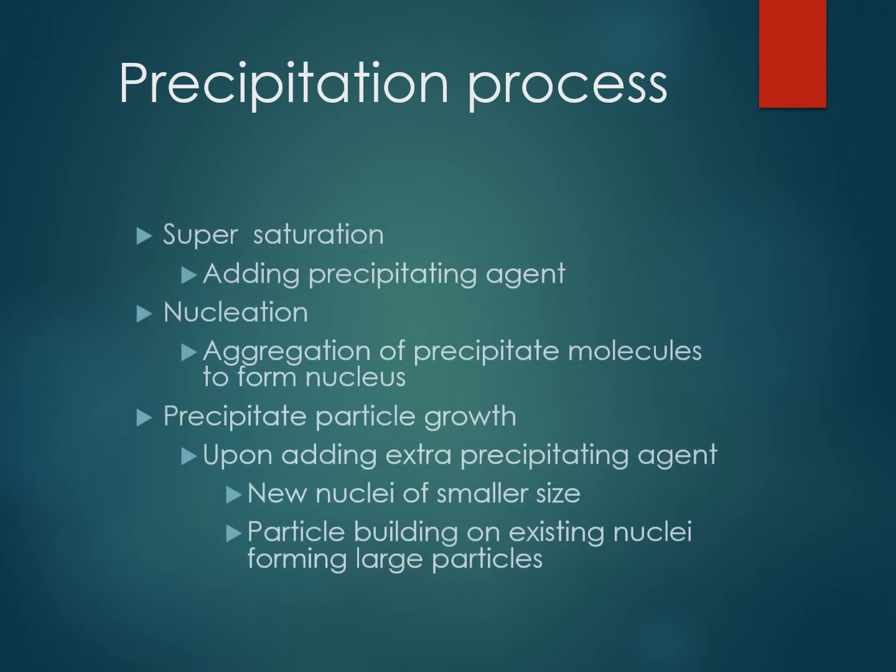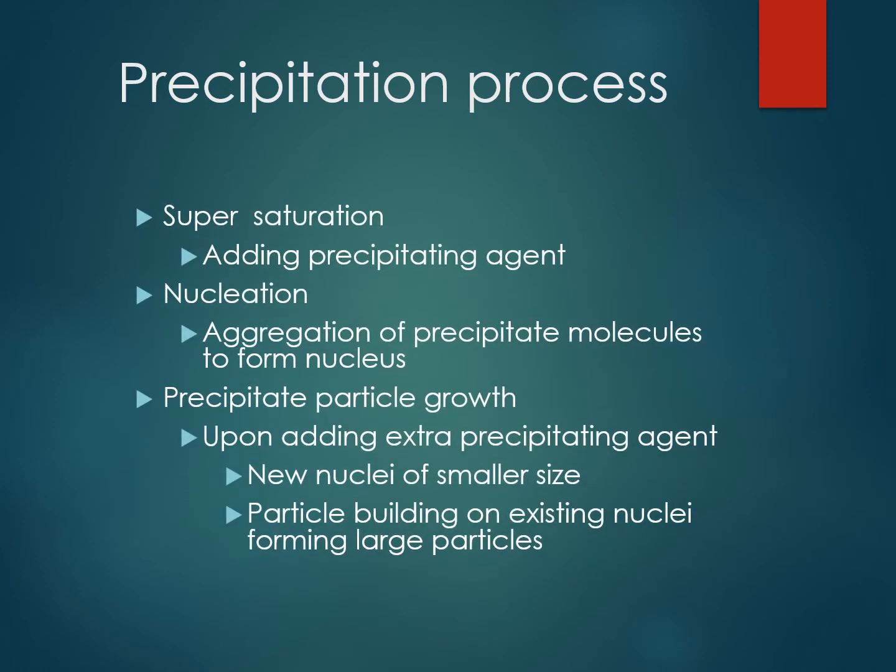Next, we will see there are three different stages in the precipitation process: supersaturation, nucleation, followed by particle growth. Supersaturation is achieved at the point when the first drop of precipitating agent is added to the sample solution. Further addition of the precipitating agent triggers the process called nucleation, where molecules of the precipitate start agglomerating.